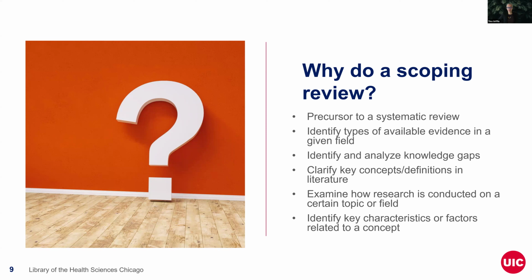Similarly, we can also look at how research is conducted in and of itself, or how practice is conducted. I'm currently assisting a group on a scoping review where they are looking at harm reduction and low-barrier modalities for buprenorphine treatment that doesn't include hospital settings.